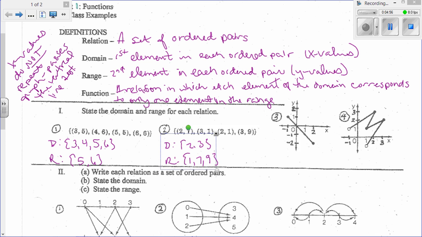When I have a graph, I look at things a little differently. To find my domain, those are my x values. And on a graph, your x values go from left to right, just like you read. Always start on the leftmost side and move to the rightmost side.